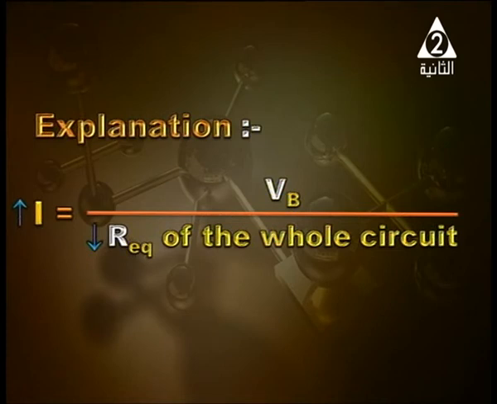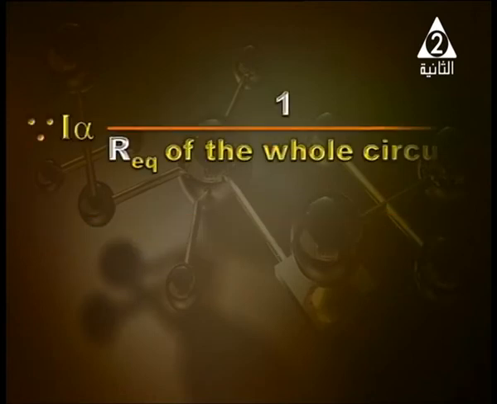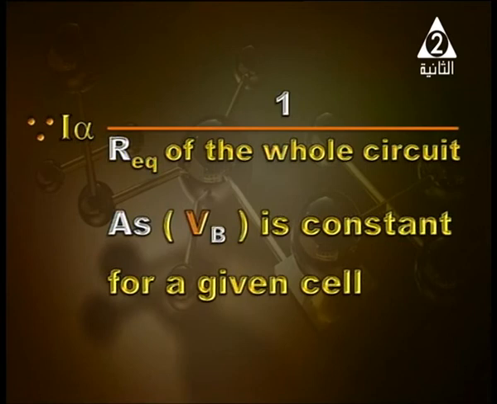If we increase the equivalent resistance of the whole circuit, the current decreases. We've got an inverse relation. So I is inversely proportional to the equivalent resistance of the circuit because V battery is constant.